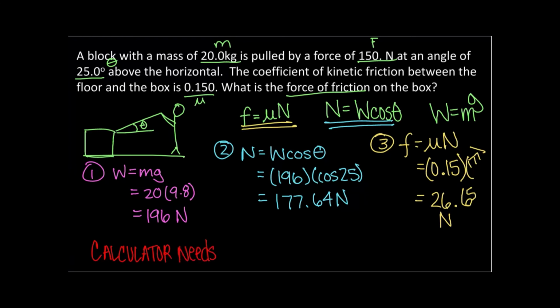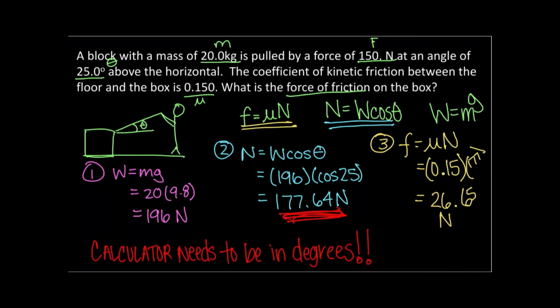The way I can tell if my calculator is not in degrees is when I put in something like a cosine of 25, I get a really, really small number. And that's how I know my calculator is not in degrees. So just keep that in mind. So that's how you do a friction problem.